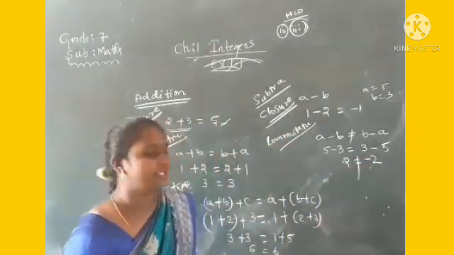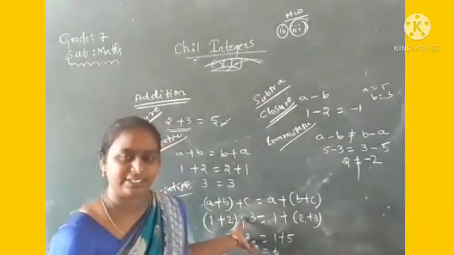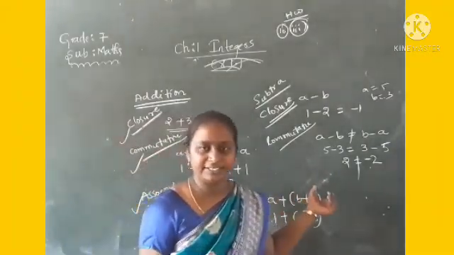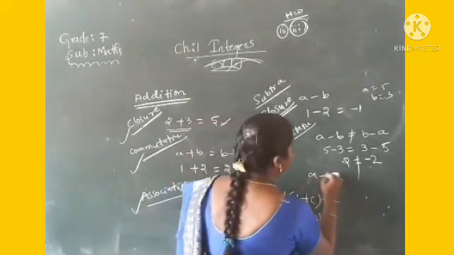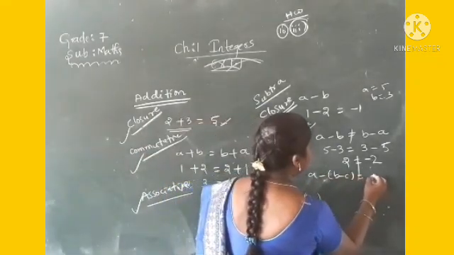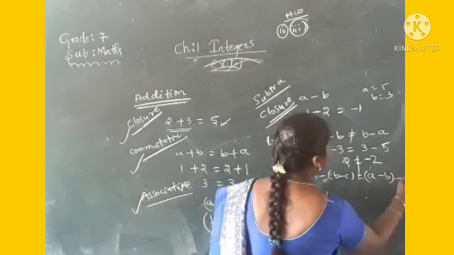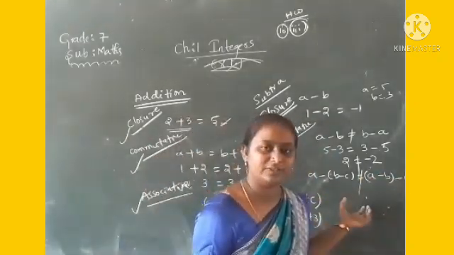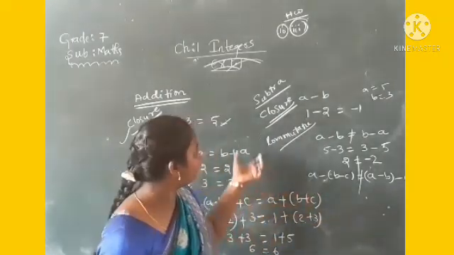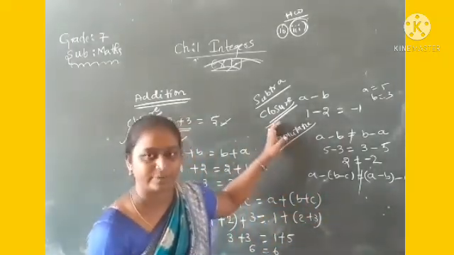Not equal. Similarly for the associative property, if any three integers a, b, c, a minus b minus c is not equal to a minus b minus c grouped the other way, the left hand side and right hand side values are not equal.